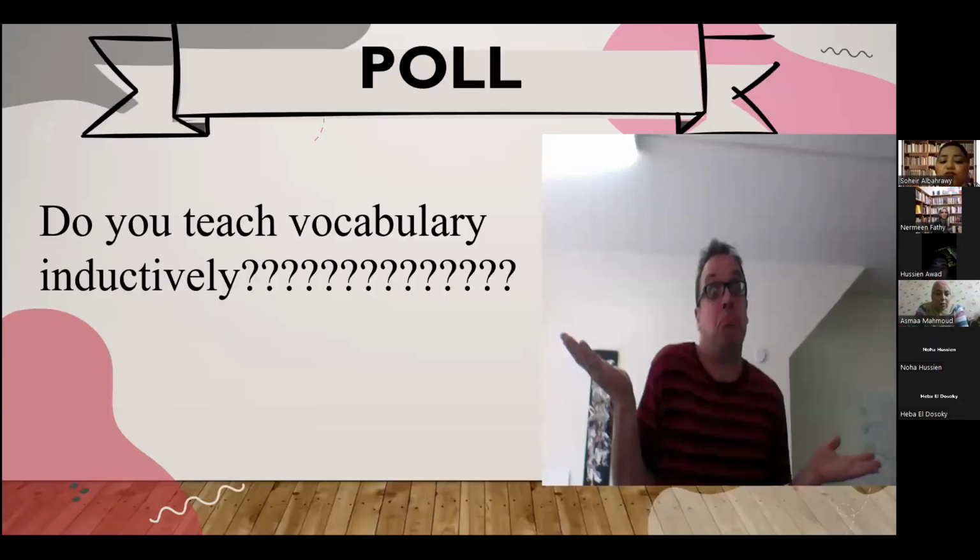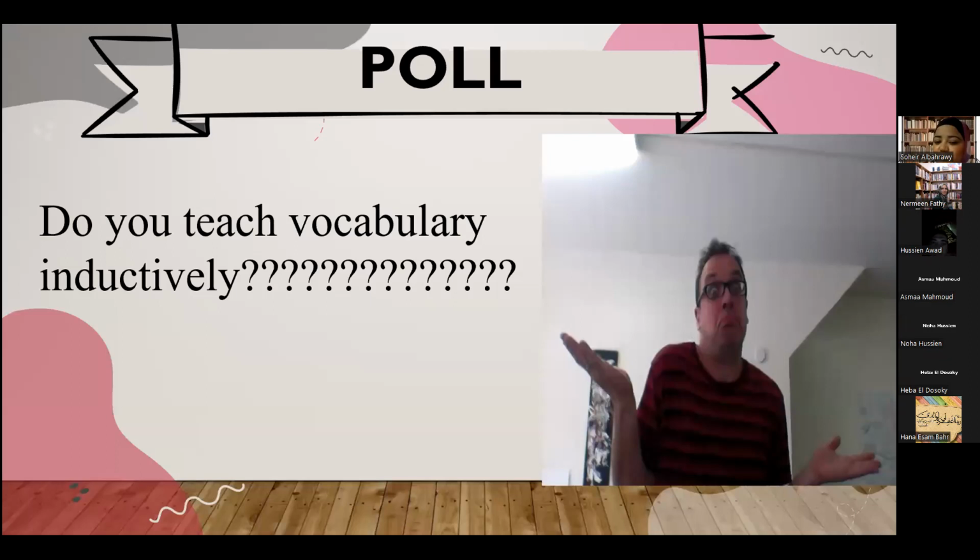Do you teach vocabulary inductively? Most of them already answered in the chat box. They are very fast. Most of them said yes, and some answered sometimes.